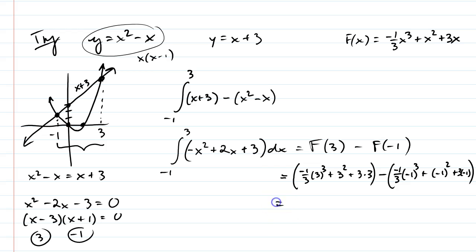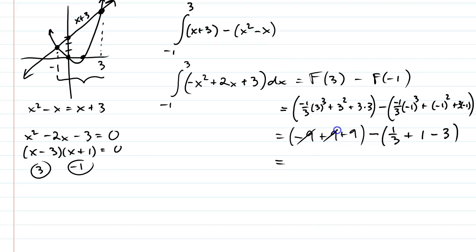Okay, this is 27 over 3, so this is going to be a -9 plus 9 plus 9. This is going to turn out to be a -1 times -1, which is 1/3. This is a 1. This will be a -3. Now let's keep going here. These will cancel, so I'm going to have 9 minus, and let's see if we can't figure out here.